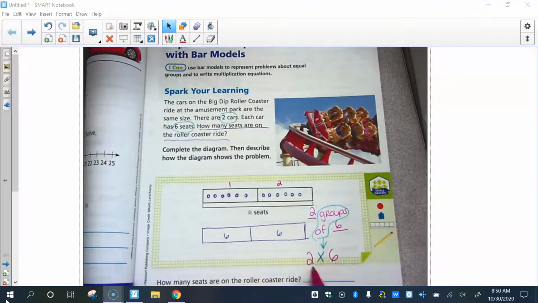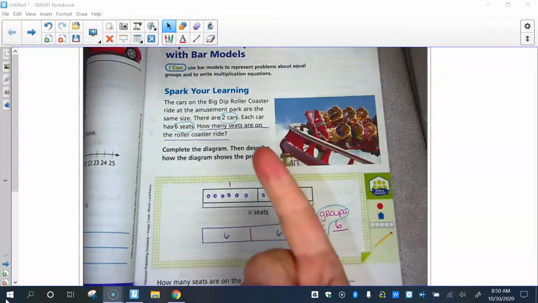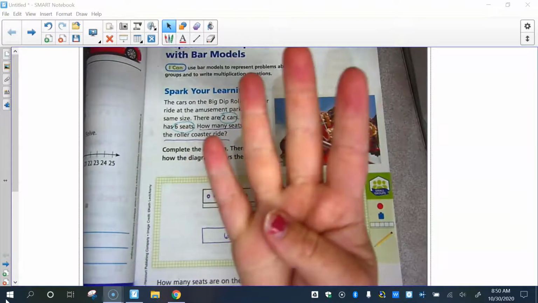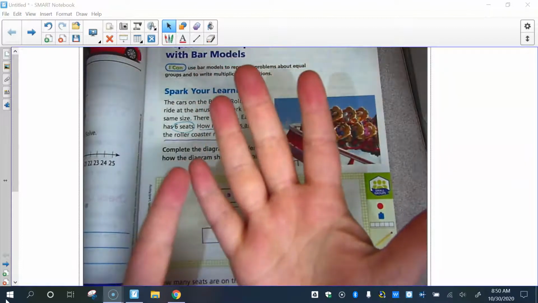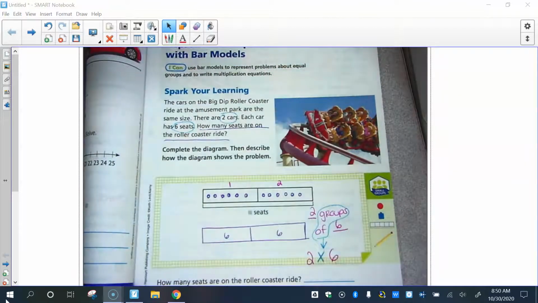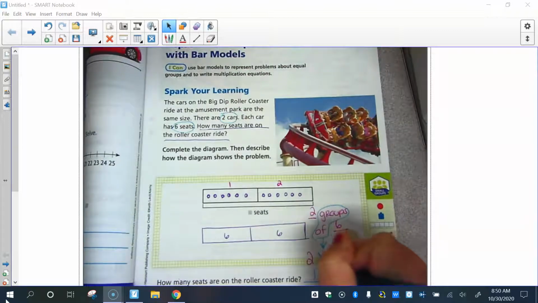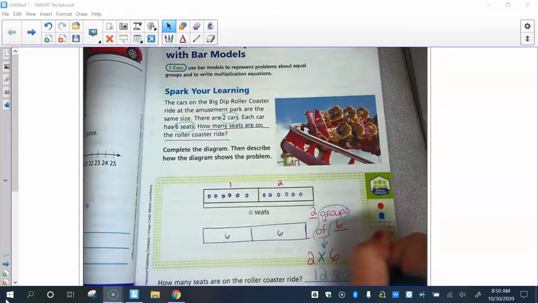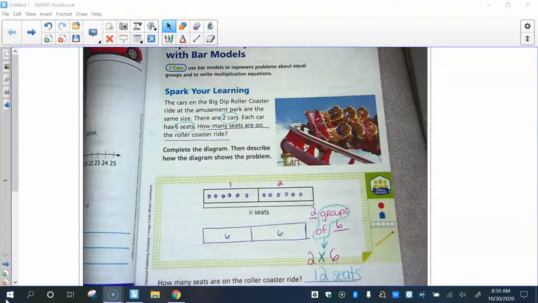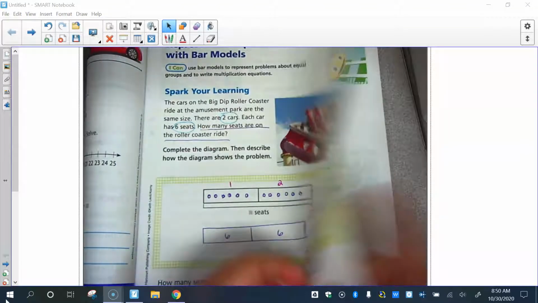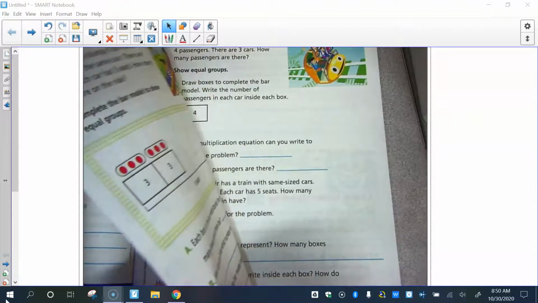Alright, so I'm going to skip count 2 6 times. So 2, 4, 6, 8, 10, 12. So my answer is, there are 12 seats. Great job. All right, let's go ahead and turn the page.